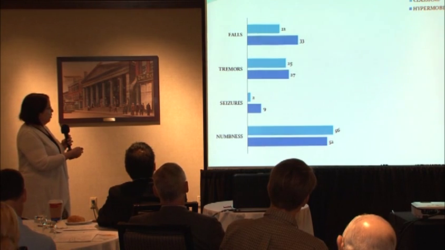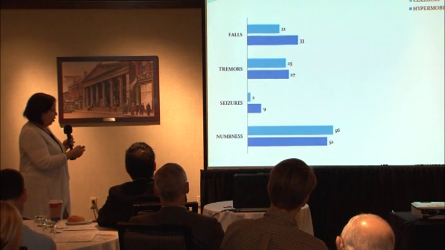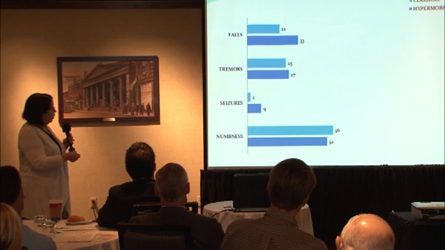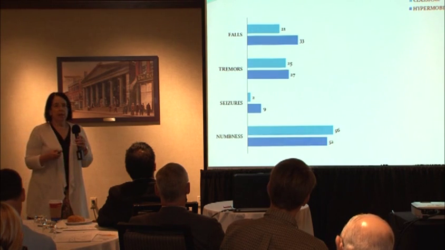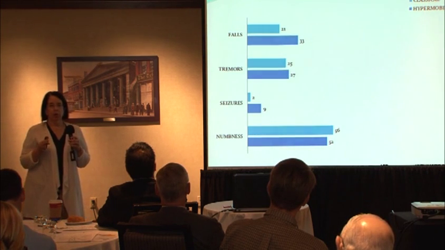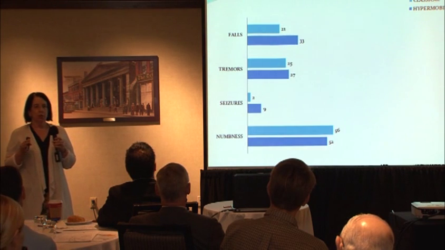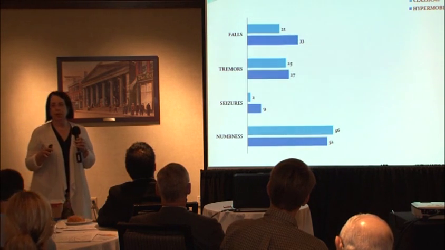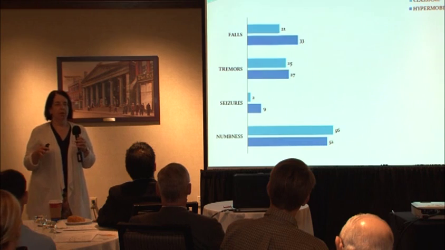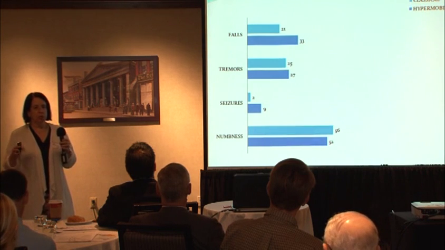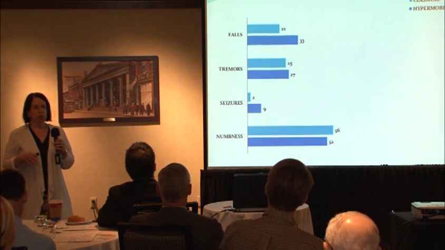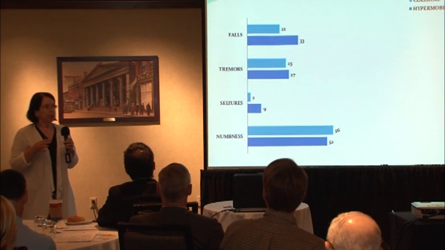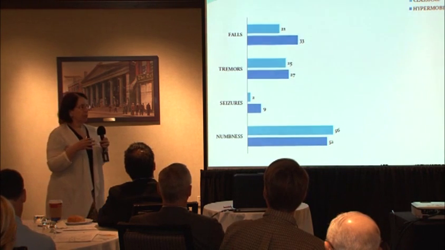Tremors in about 25%. The seizures are an interesting issue because many times people present with what look like epileptic seizures, but their EEGs are completely normal, and so they get diagnosed as pseudo-seizures or non-epileptic seizures. And I think often these are related to a high cervical myelopathy.